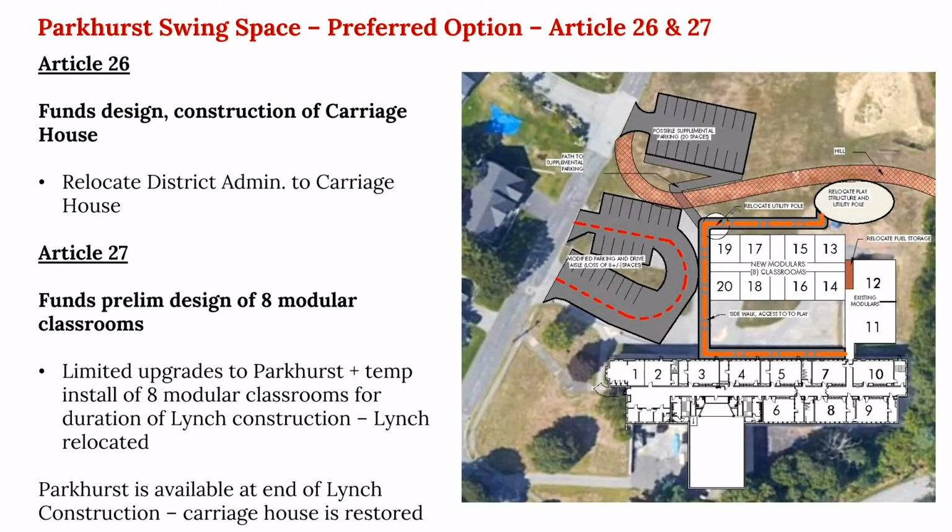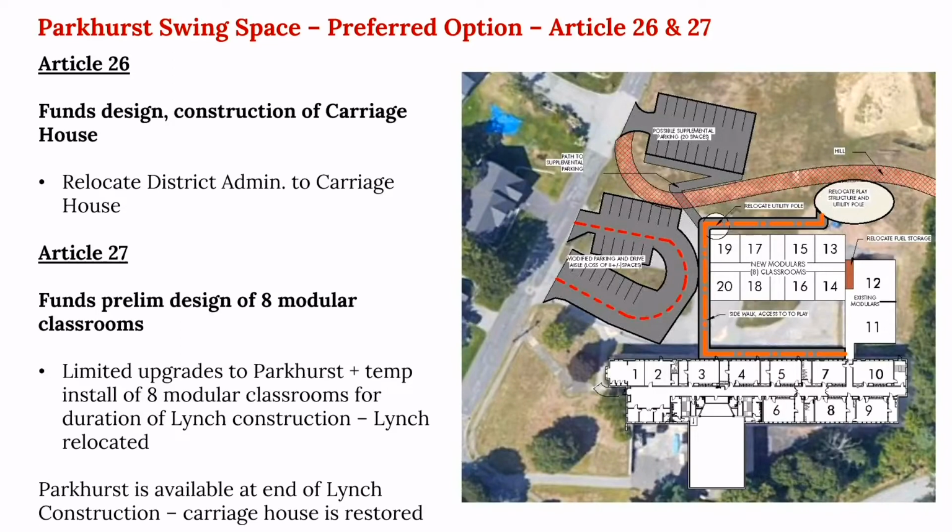together accomplish swing space for the Lynch project by relocating district administration to the Carriage House. Over the course of the next year, we anticipate about a 13-month design and construction window for the Carriage House project if we begin soon.